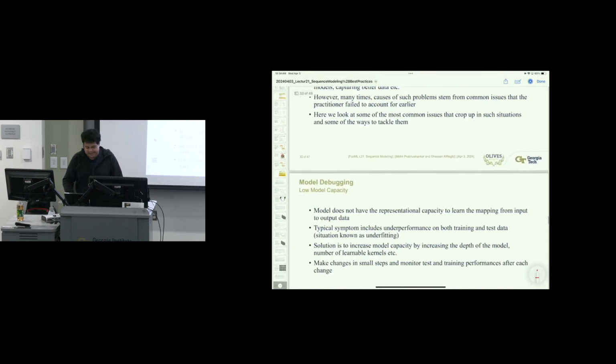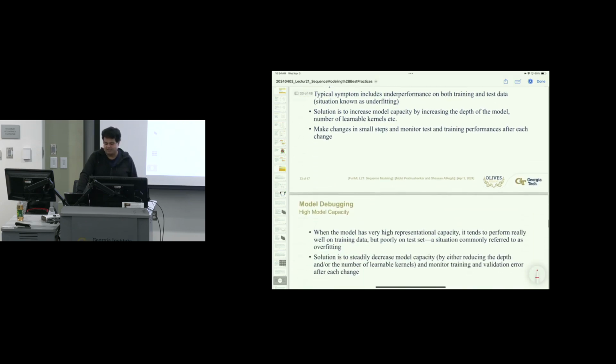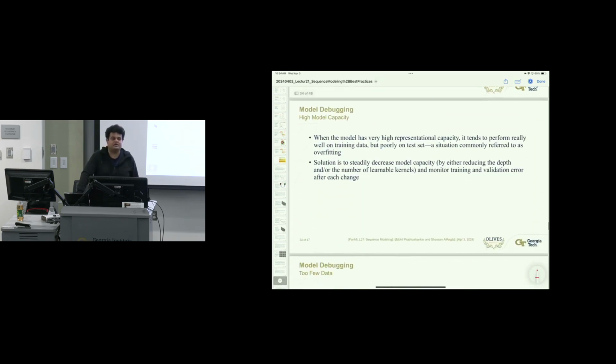Model debugging, in regression, was a little bit simpler. When we talked about regression, we talked about this bias-variance trade-off, so low capacity versus high capacity. It's harder to do this in neural networks, and there have been papers which show the opposite. In regression, when our bias was decreasing, our variance after a certain point would increase, and this is when you would know that capacity is an issue.